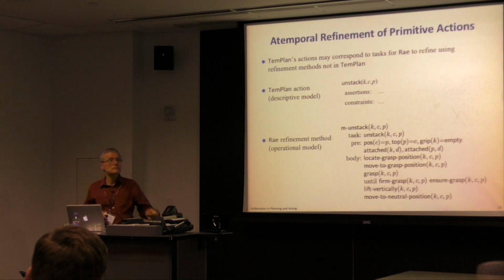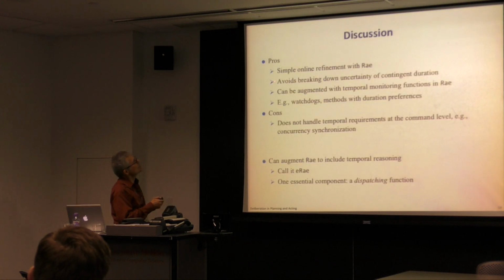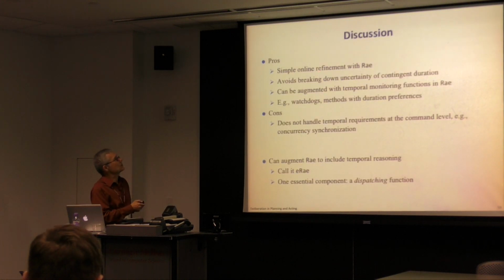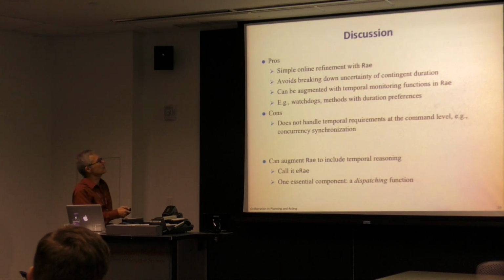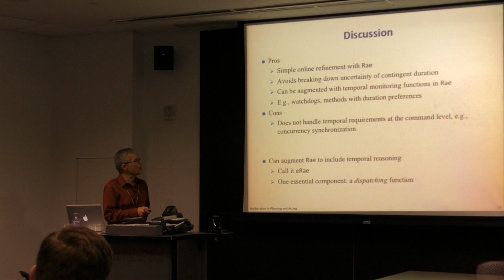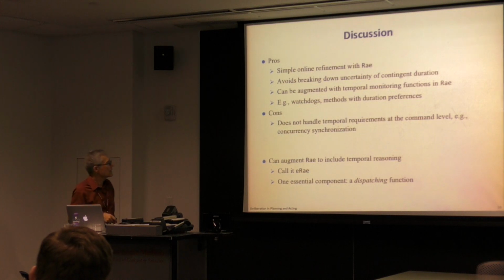All right? So the advantages of this are you get simple online refinement and it avoids breaking down the uncertainty of some of these things that are contingent. You can augment it with the temporal monitoring functions that Ray has. However, it doesn't handle the temporal requirements at the command level. If you have concurrency synchronization or something like that, it won't handle that.